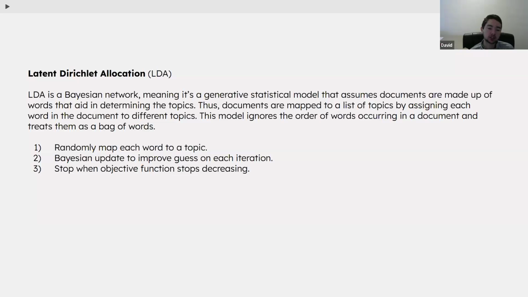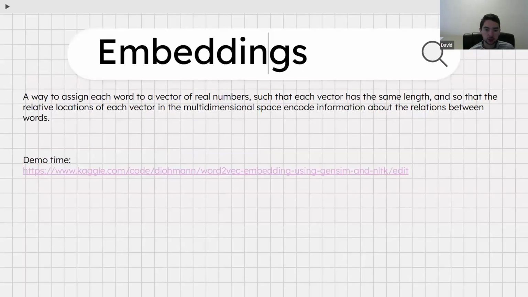And there's an objective function, and it should initially improve with each iteration. And when it stops decreasing, so when it doesn't get any better, then the algorithm stops. Yeah, it's a slightly different approach.